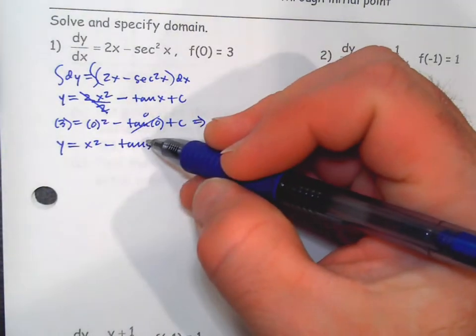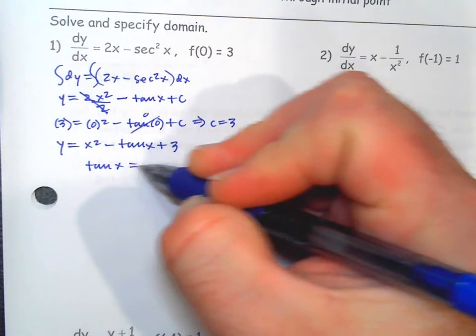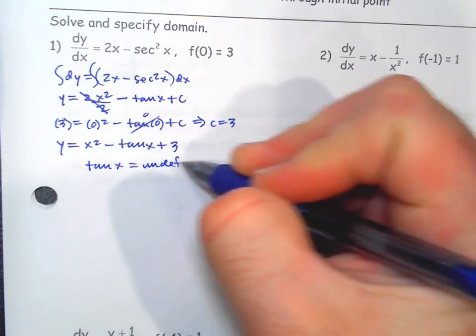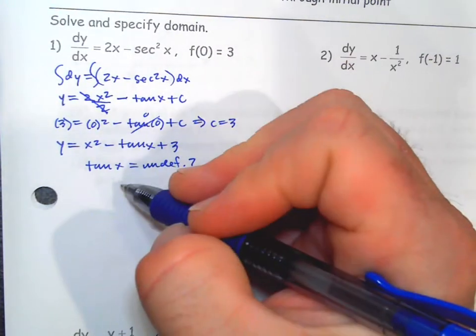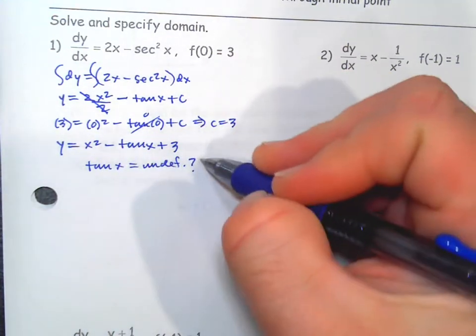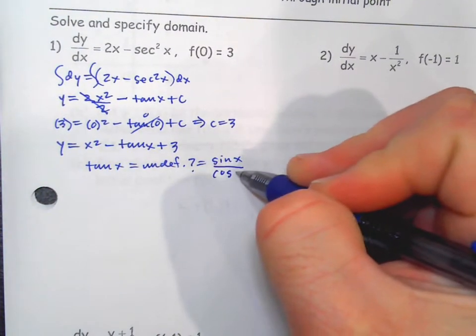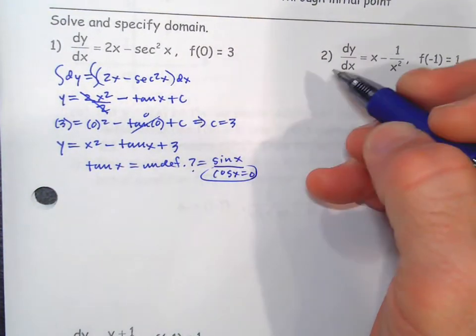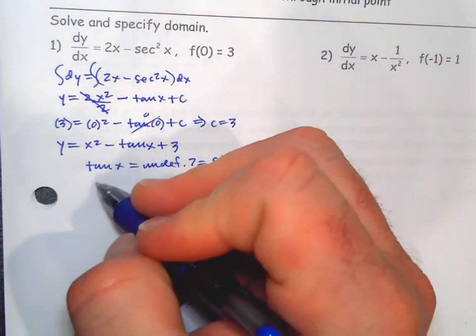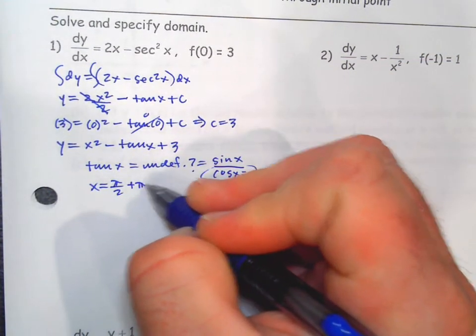Tangent has its own issues, right? When is tangent x undefined? Because those are discontinuities. Tangent is sine over cosine, so that's when cosine equals 0, and you get division by 0. That's when x equals pi over 2 plus pi k.